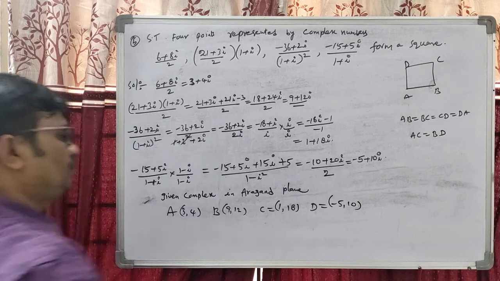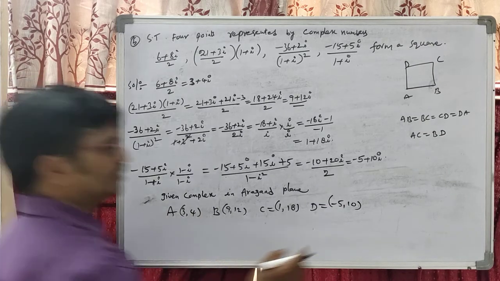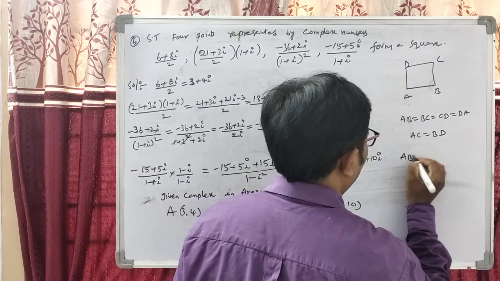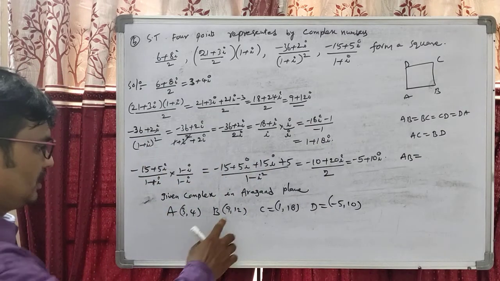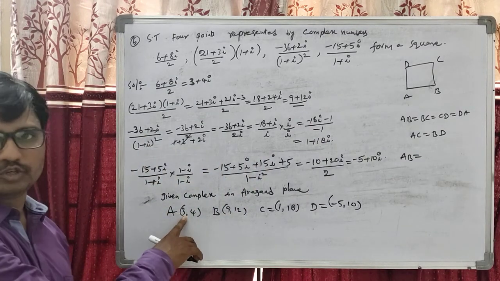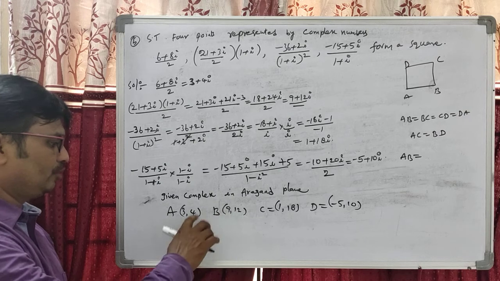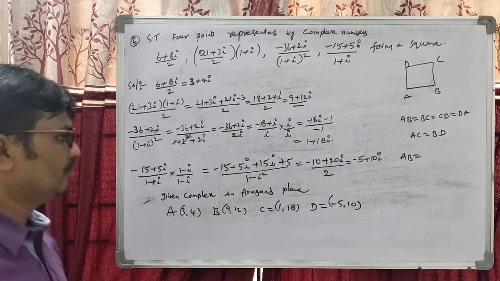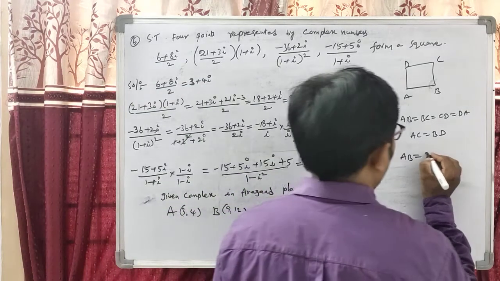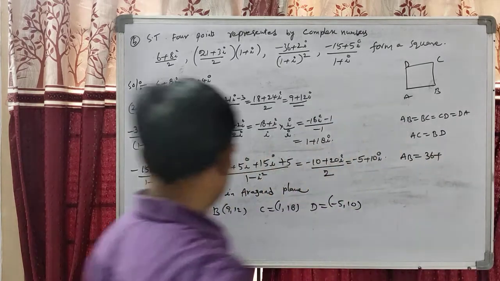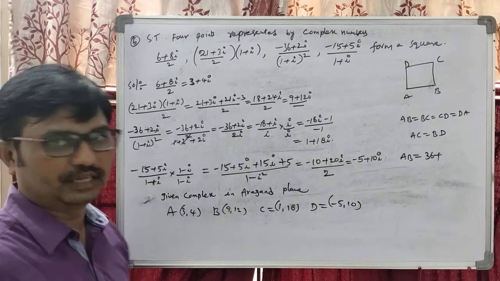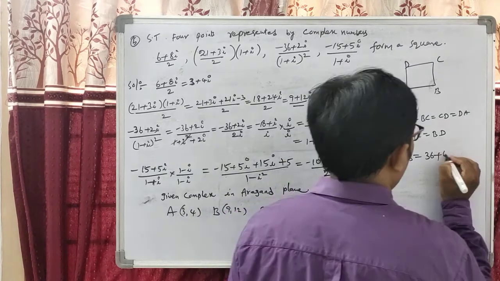First, all of you find the distance AB. AB is the square root of (x2 minus x1) whole square plus (y2 minus y1) whole square. 9 minus 3 is 6, squared 36. Then 12 minus 4 is 8, 8 square is 64.